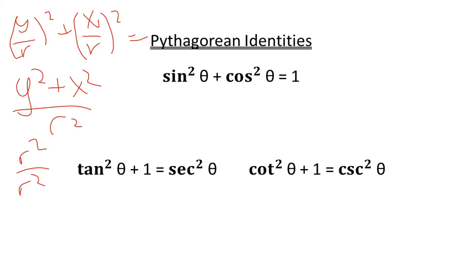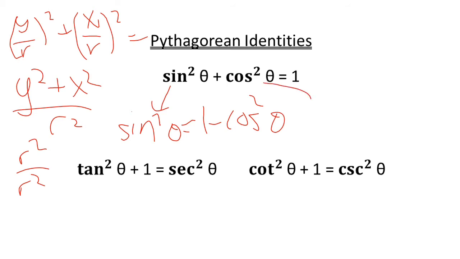The main thing I want you to pull from this is that if I have sine squared theta plus cosine squared theta equals 1, I can use this 2 different ways. I can solve for sine squared, and then I'll realize that sine squared theta is equal to 1 minus cosine squared theta.